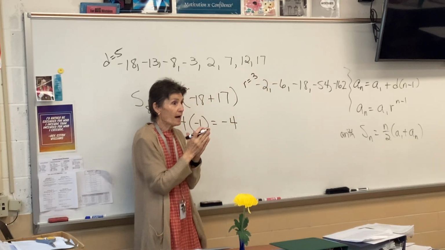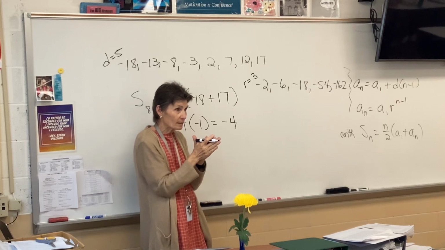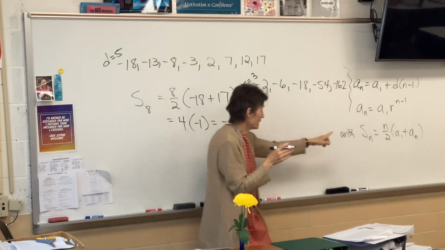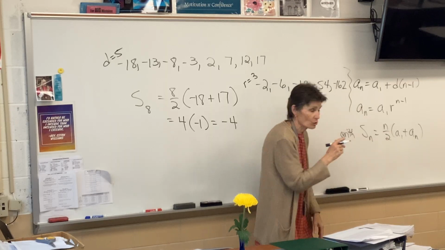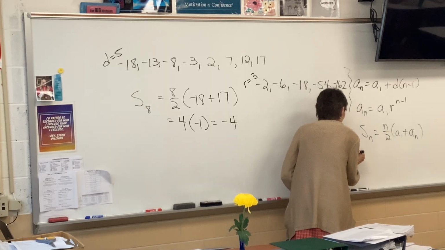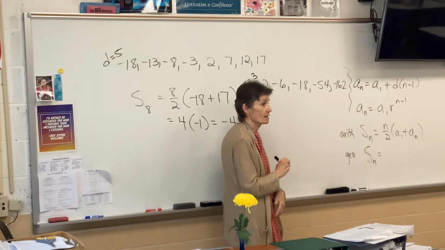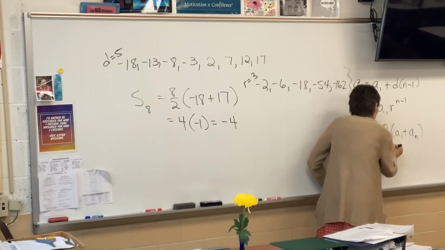Uh-oh, I need to add them up, and it's geometric. Wait a minute, you guys. Can I use this formula? No, so I need another one. So here's our 4. If you are going to add up the terms of a geometric, S means add, sum. We're going to add them up and it's geometric.